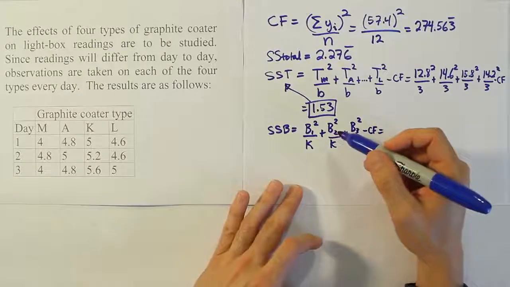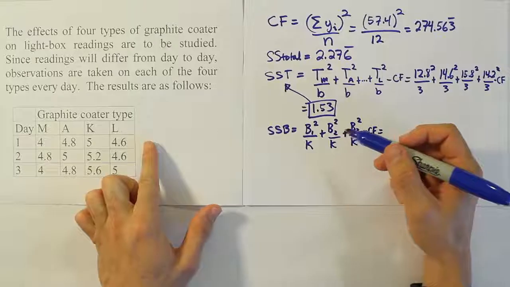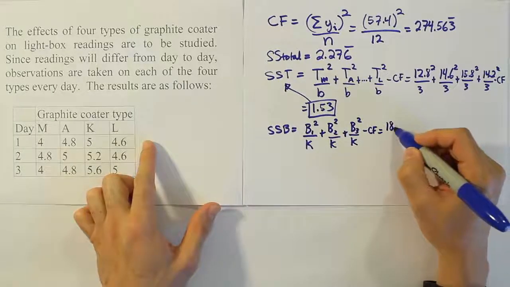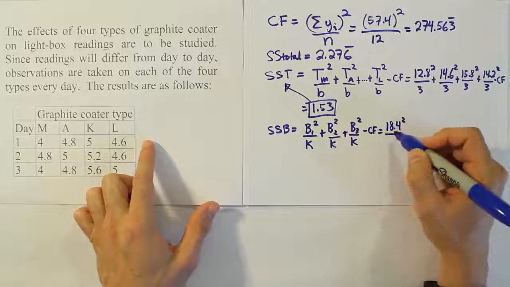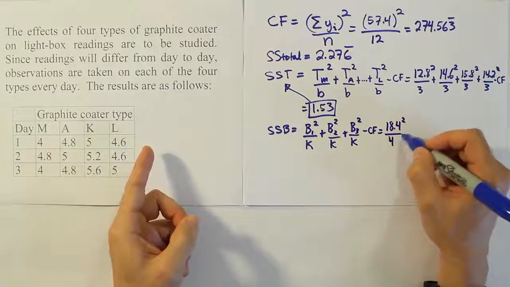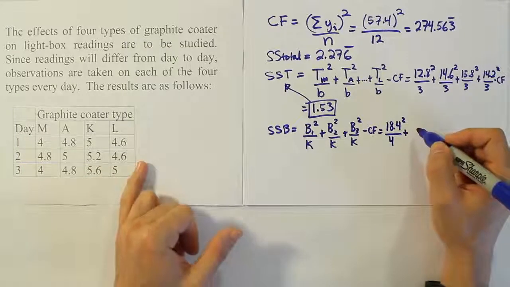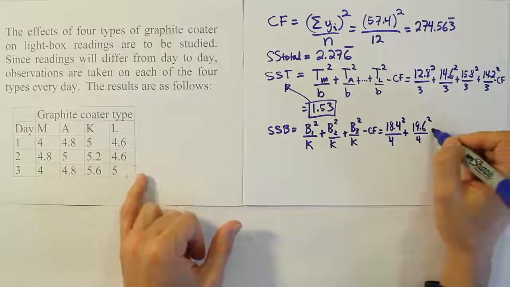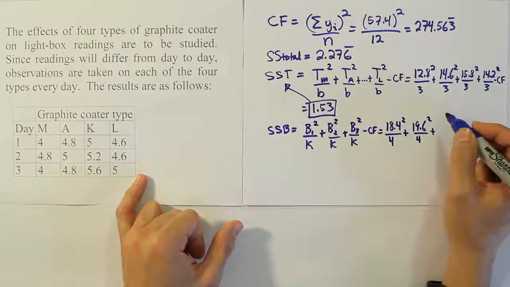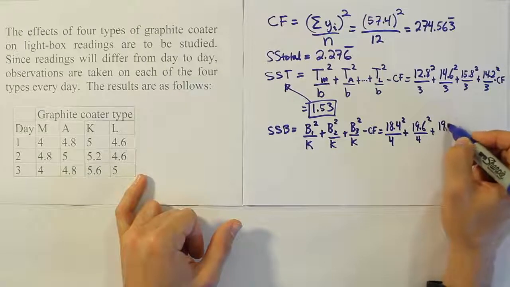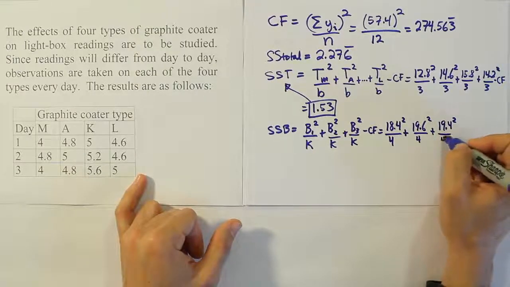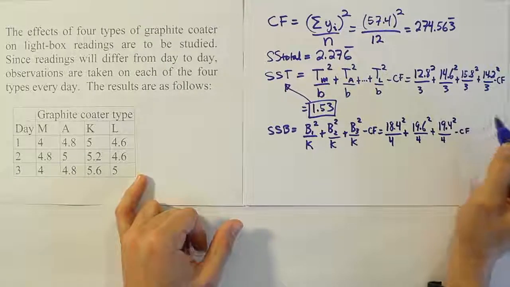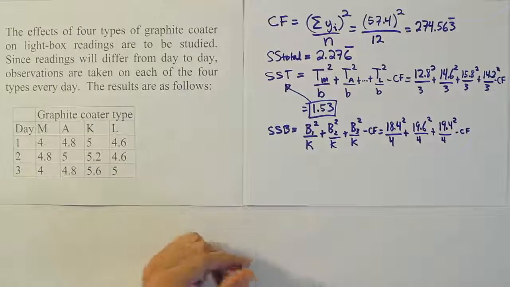Now the block total going across, this first block total is 18.4. We'll square that and divide by the number of values we have, which is 4, plus the next block total, which is 19.6 squared over 4, and then the last block total, which is 19.4 squared over 4, and then minus the correction factor. Okay, so let's see what that works out to be.